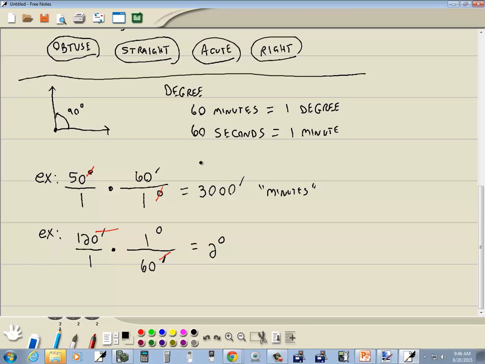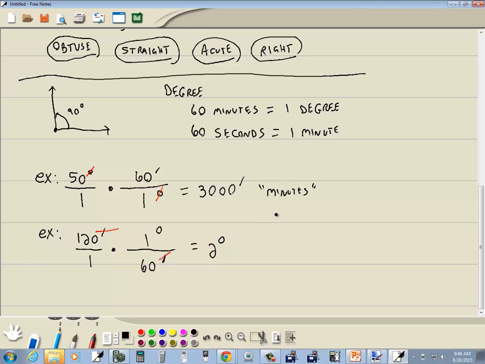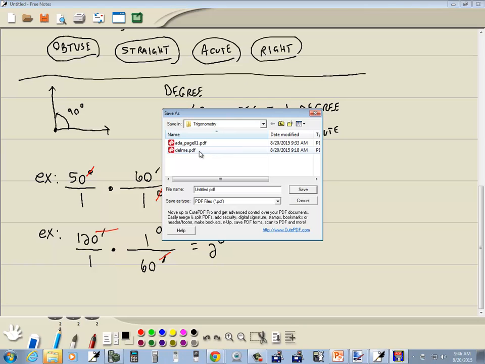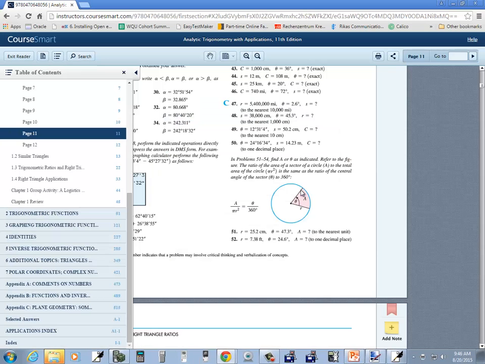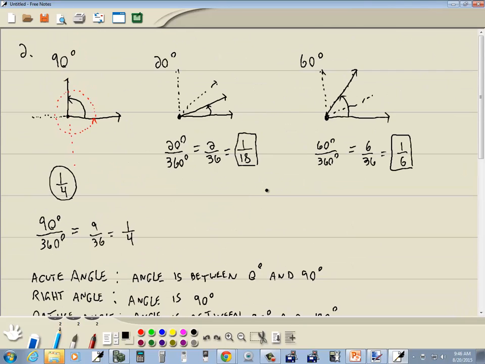Okay, now let's look at a problem dealing with this. Let me save this. I'm going to clean up this page, and then we'll start again.